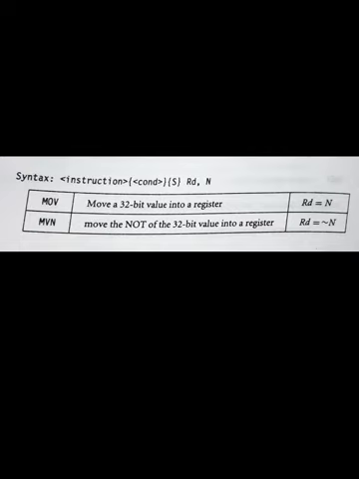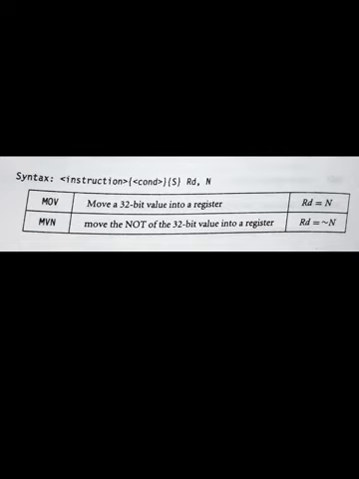The data processing instructions manipulate the data within registers. They are move instructions, arithmetic instructions, logical instructions, comparison instructions and multiply instructions. Mostly, the data processing instructions can process one of their operands using the barrel shifter.